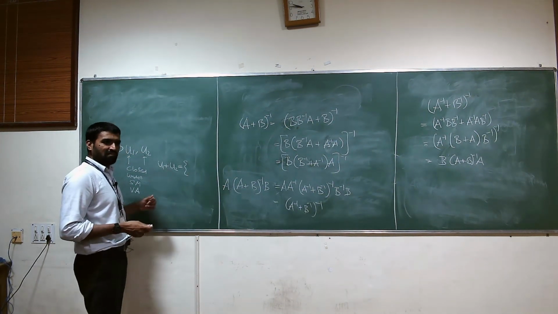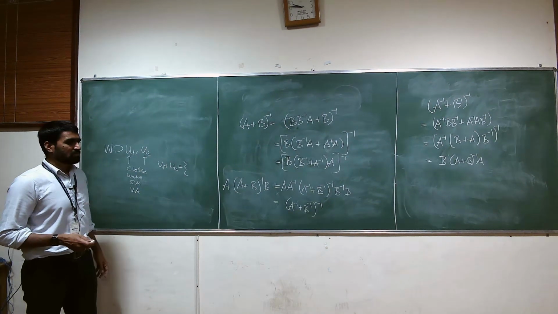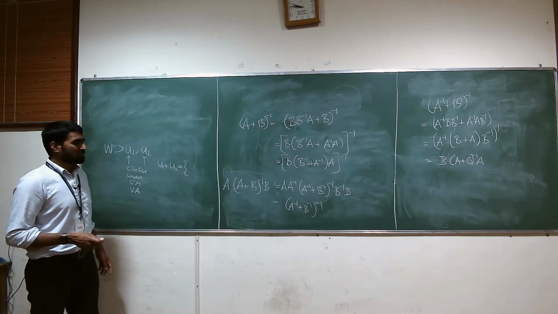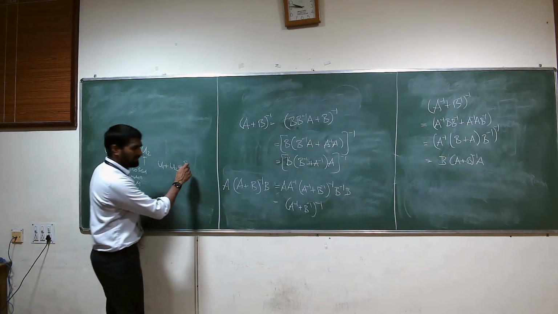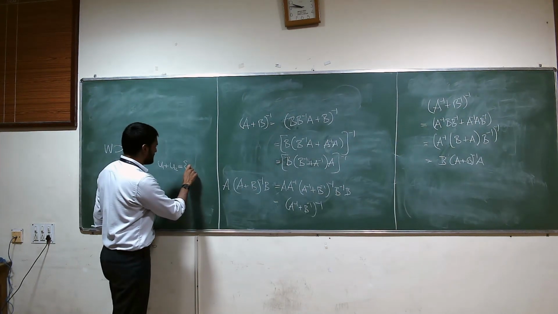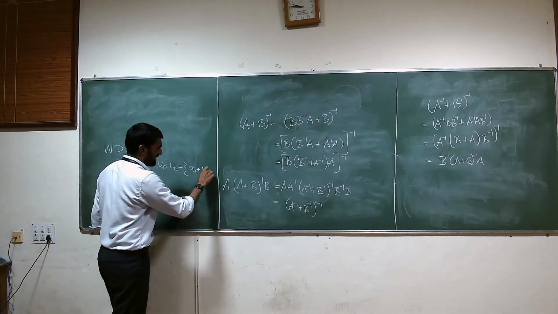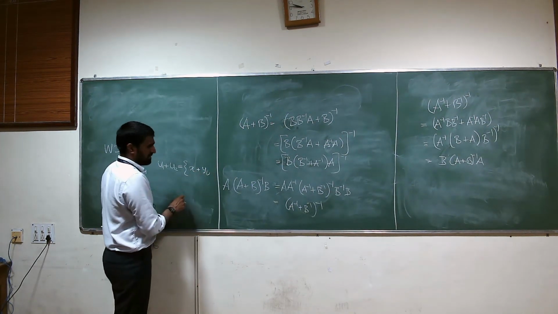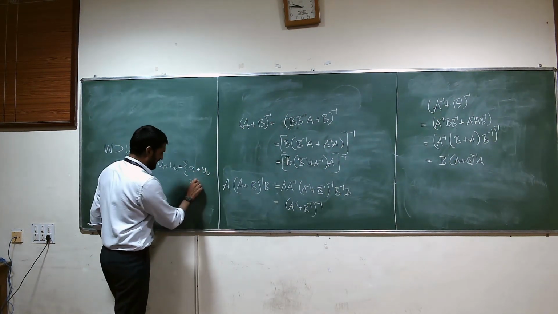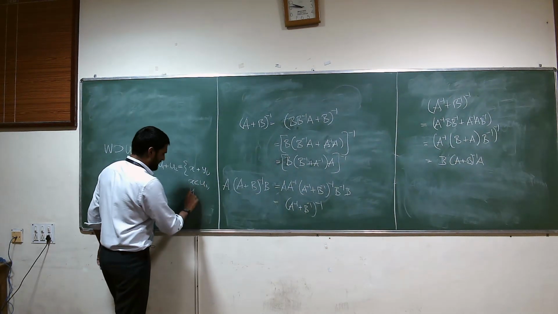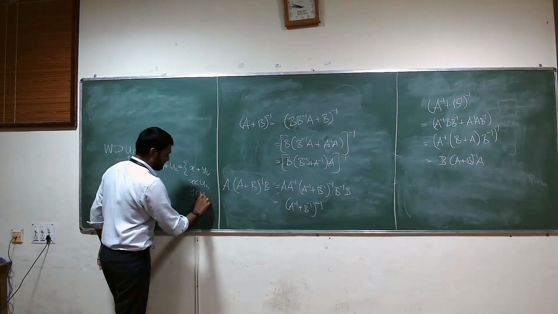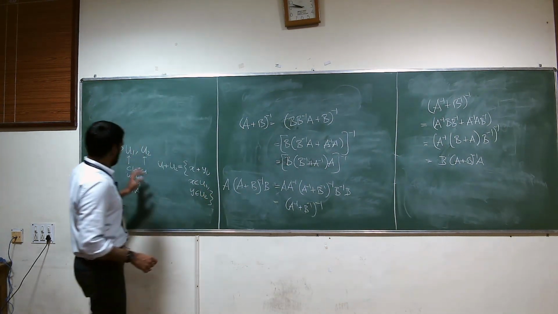What elements does it have? Let's say it's some vector x. It's vectors of this form x plus y, where x belongs to U1 and y belongs to U2. It's simply the sum of all possible vectors from U1 and U2.